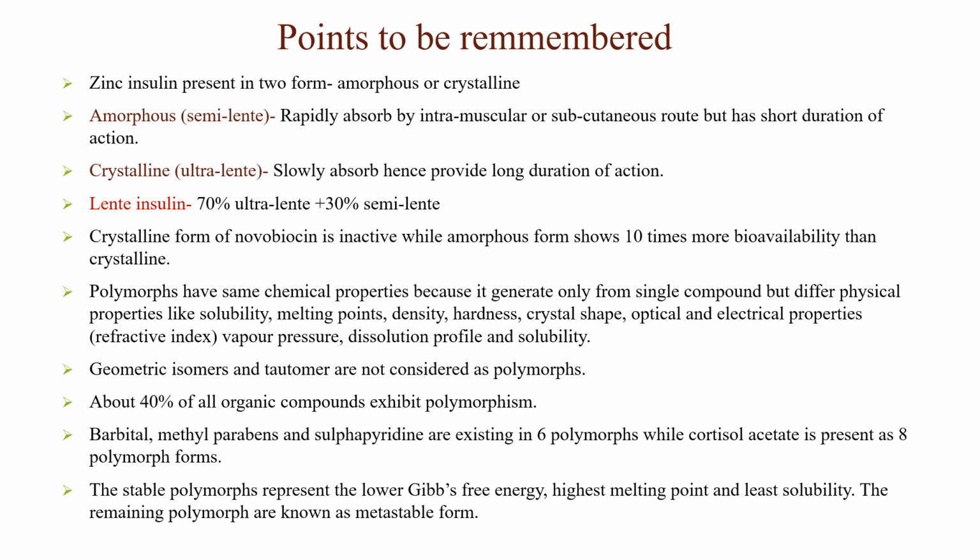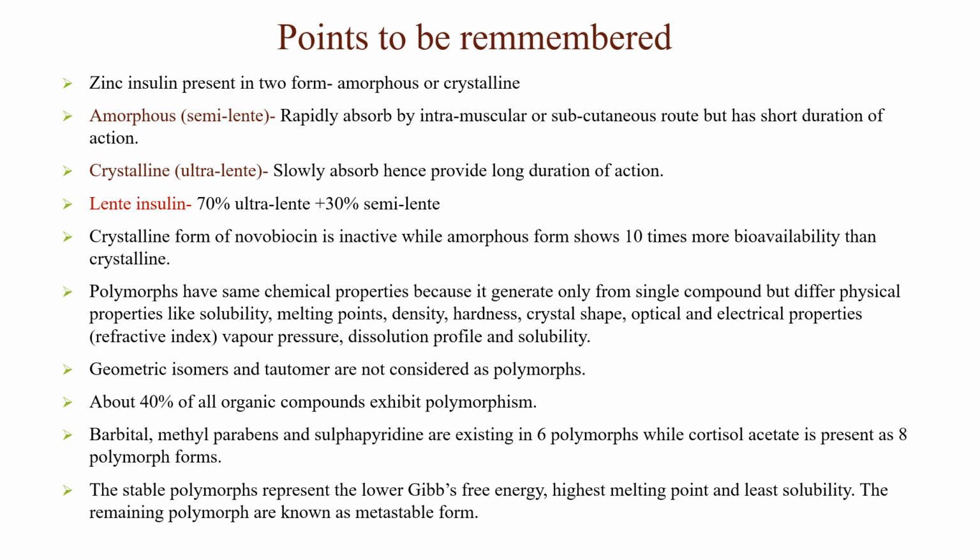About 40% of all organic compounds exhibit polymorphism. Examples are barbital, methylparaben, and sulfapyridine, which exist in 6 polymorphs, while cortisol acetate is present in 8 polymorphic forms. Various polymorphs can be prepared by crystallizing the drug in different solvents under diverse conditions.